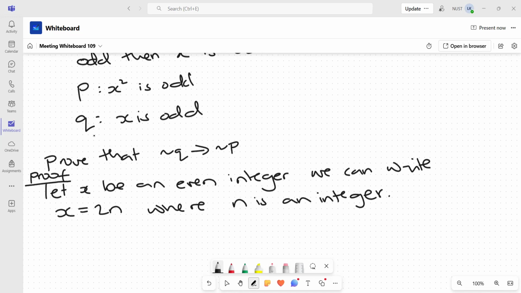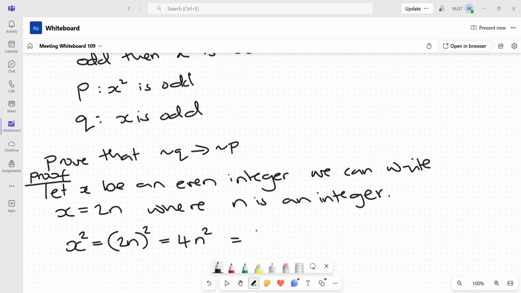Okay, so we started with this part, not Q. So x is even. Now we have to show that when I square it, my answer is also going to be not odd. That means it's going to be even. So x squared equals (2n) squared, and this is 4n squared.